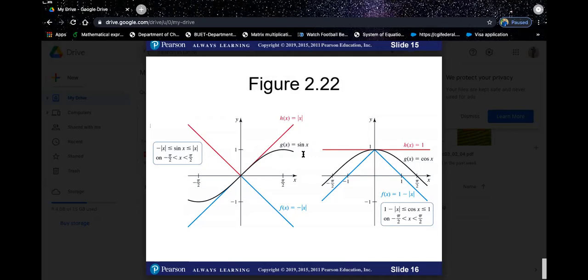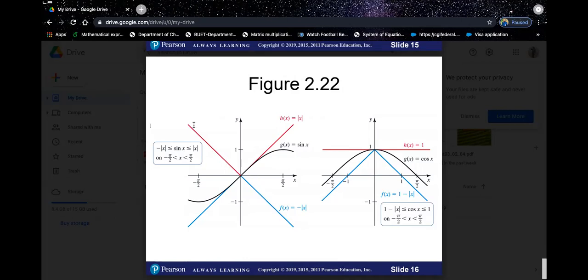This function can be squeezed between the function absolute value of x and negative absolute value of x, which are these 2 graphs.